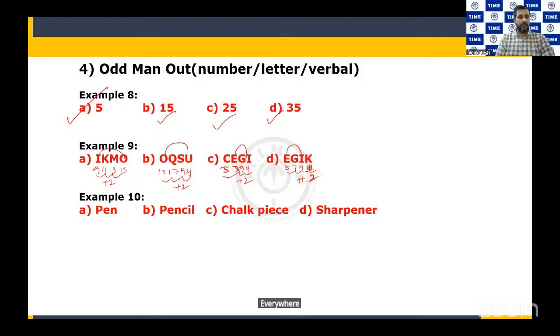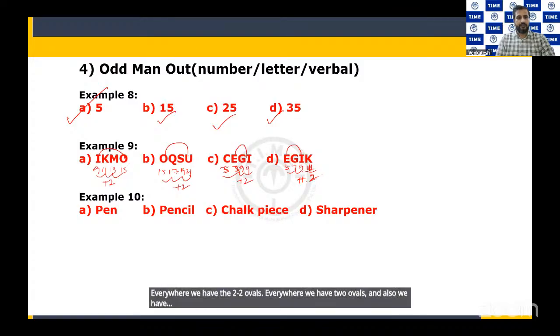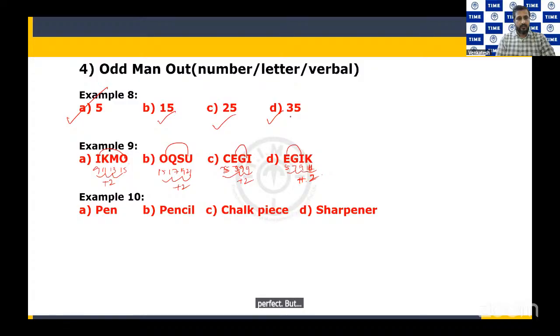But you may say that each of these words is starting with a vowel, whereas it is not. So choice C is the odd man out.